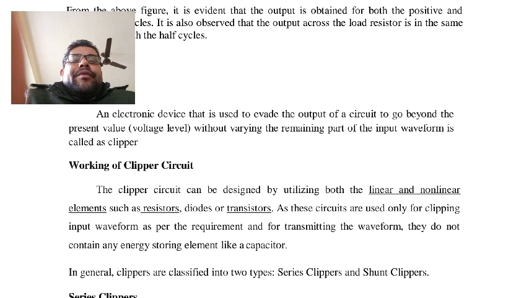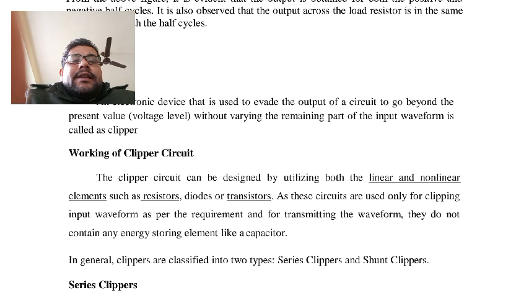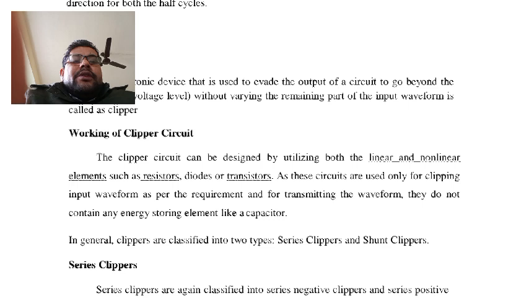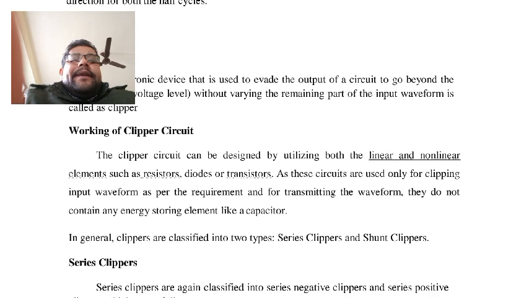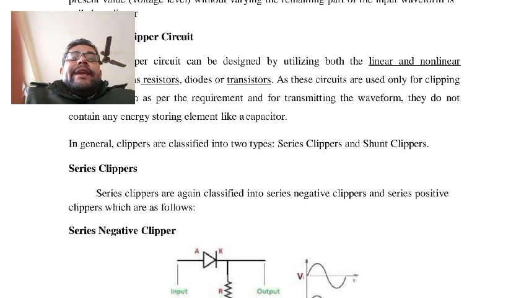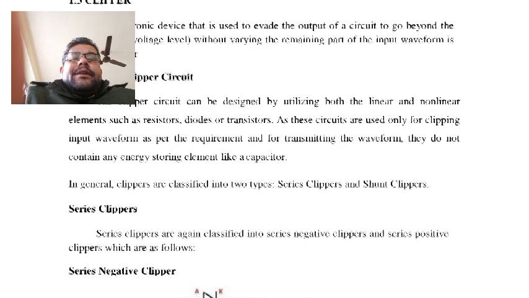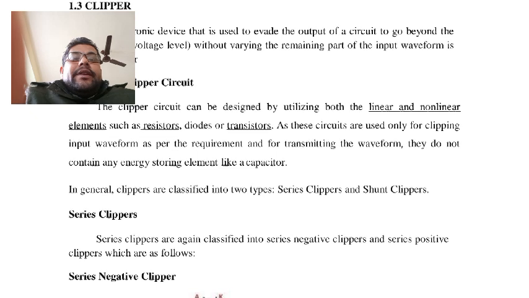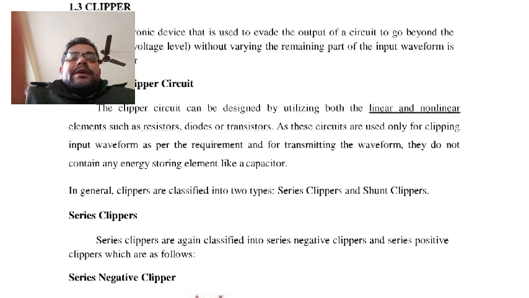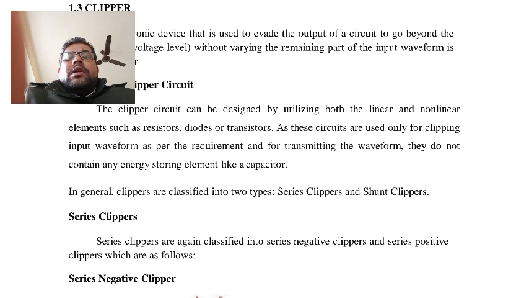The working of a clamper: a clamper circuit can be designed by utilizing linear and non-linear elements. The non-linear element is a diode or transistor, and the linear element is a resistor. So it is a combination of linear and non-linear elements.